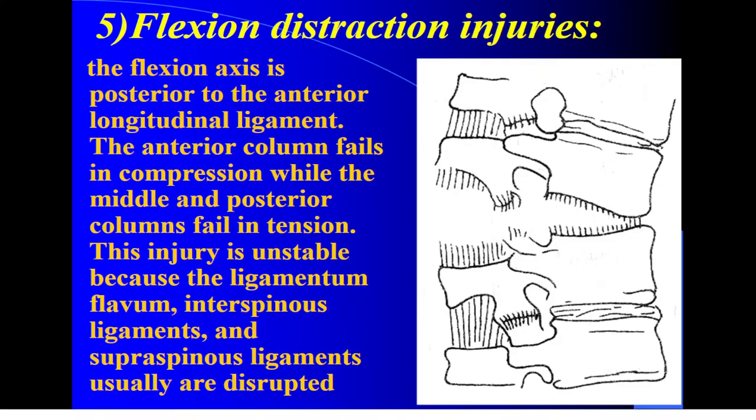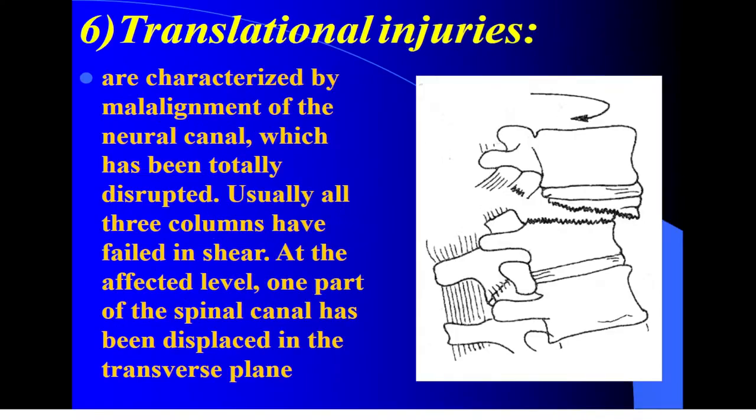And in that case, you will see fractures or injuries of those elements plus possible injury of the intervertebral disc. It is an unstable injury, as you understand, because both anterior and posterior supporting complexes become damaged, and the risk of neurological complications in that case is very high as well.